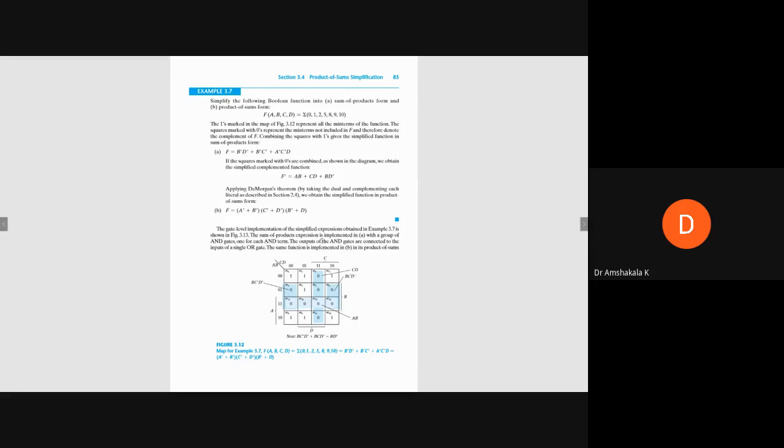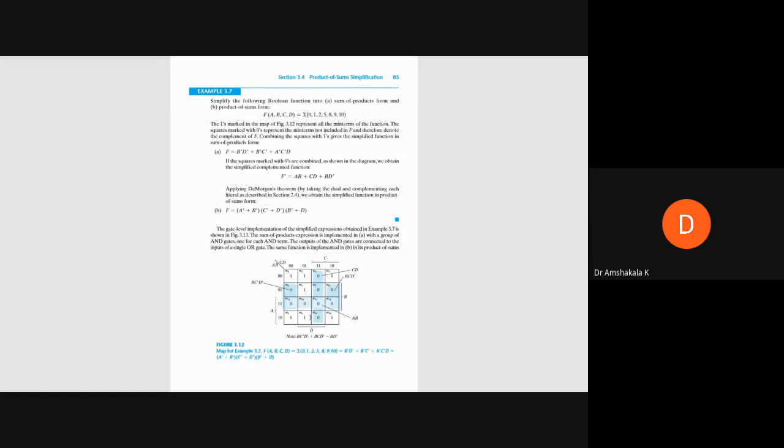Now we also want sum of products simplification. So what can be done? If I group zeros together for these groupings and write the expression in sum of products form, then it is equal to the complement of f. It is f dash.